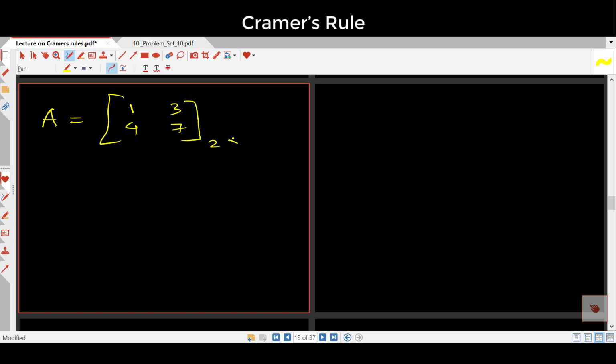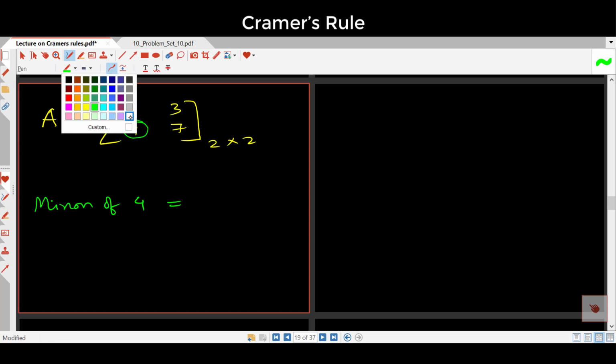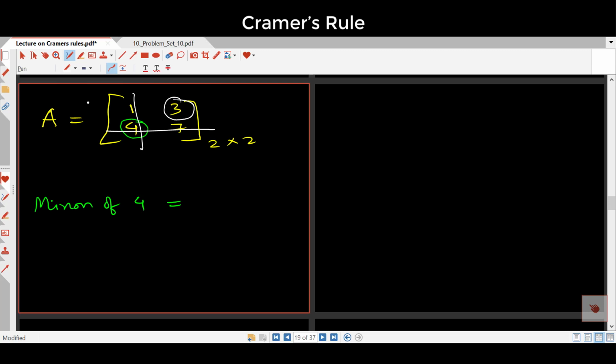So this is a 2 by 2 matrix. If we have to find the minor of 4, what do we have to do? We have to cancel the respective row and respective column. What do we have left? Only 3. Actually the determinant of 3, just like this one.